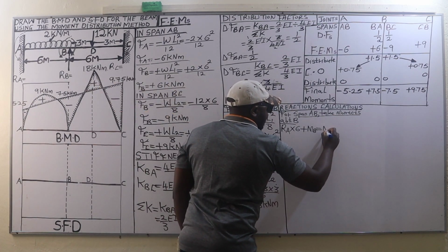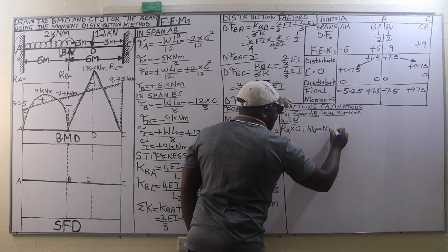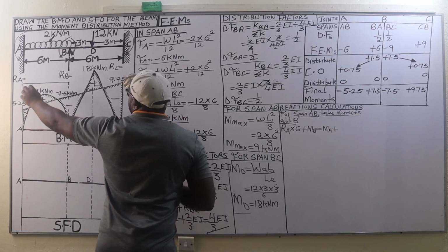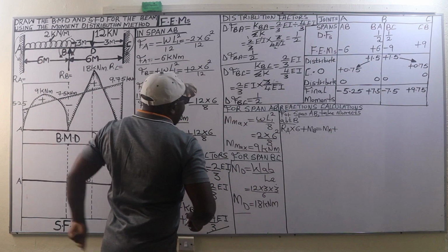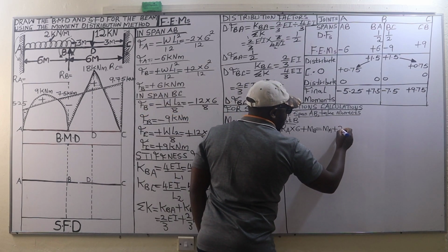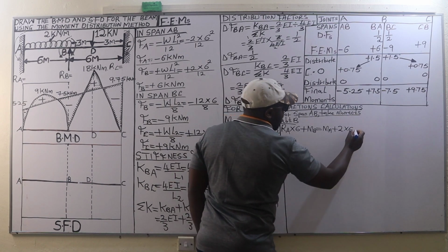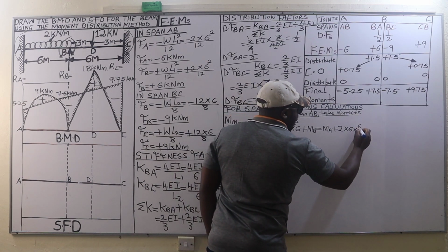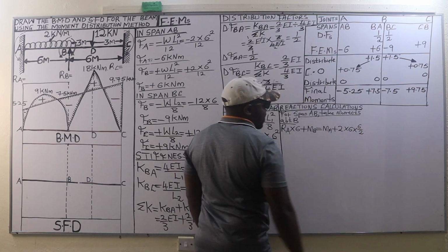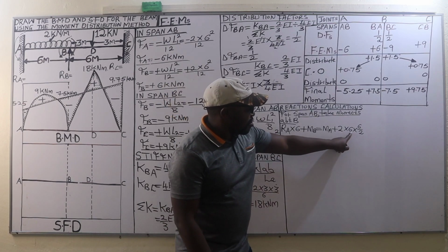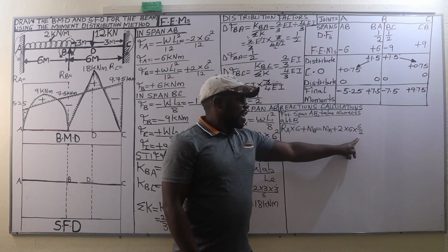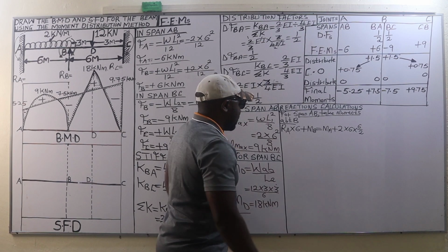So we add MA plus, between the span A to B, we have a UDL of 2 kilonewtons per meter, multiplied by the span over which it is distributed, that is 6, and then we multiply by half of that span, since the resultant of 2 times 6 acts at the mid of that span.